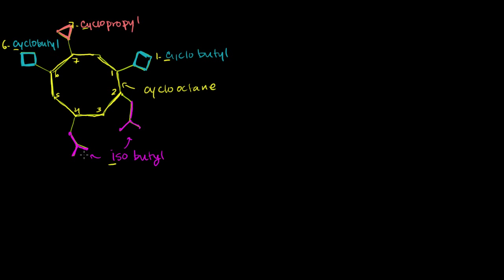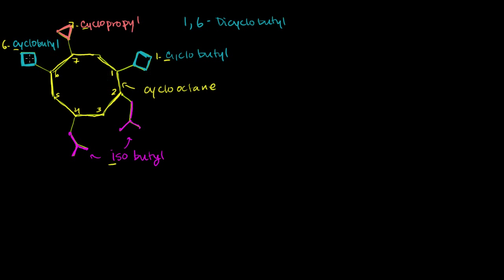So we want to write them all in alphabetical order. The cyclobutyls win. So let me write it up here. We have a 1 cyclobutyl. We also have a 6 cyclobutyl. We have 2 of them, so it is dicyclobutyl. Let me capitalize since that's where we're starting. Dicyclobutyl.